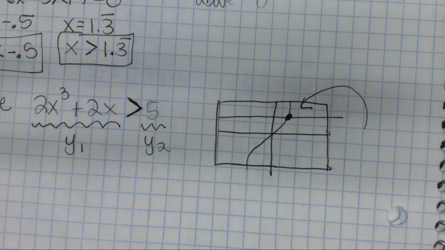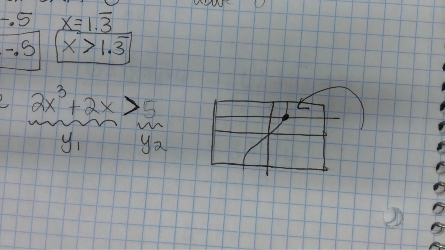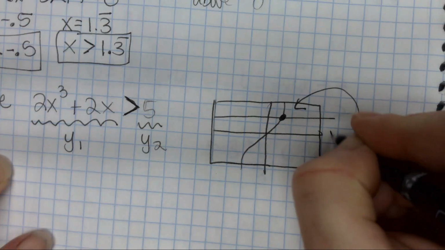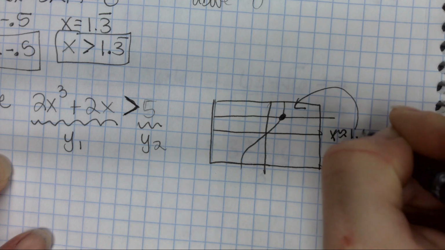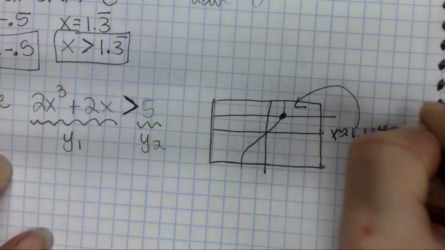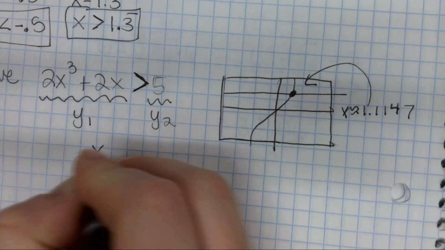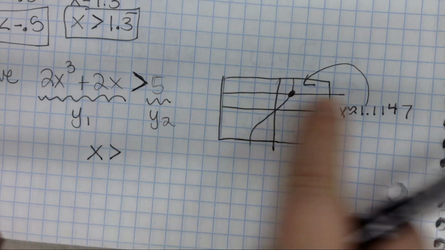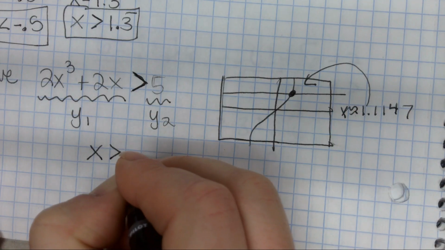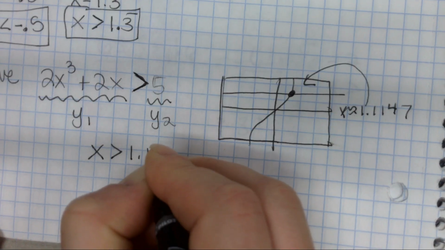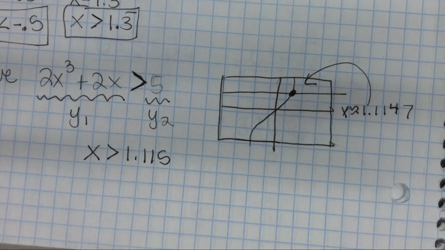And that intersection point is 1.1147. So, what's my answer then? It says so after that value, so after x is 1.11, I'll go with the rounding, 5 is the solution.